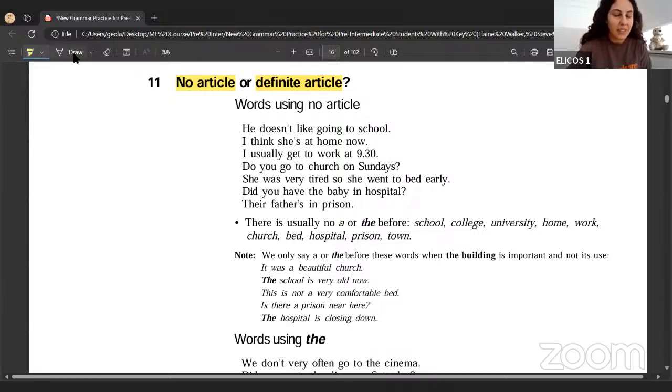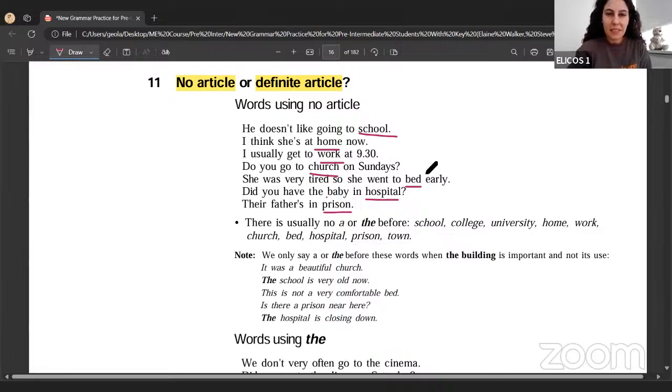Their father's in prison. If you have a look at these nouns, school, home, work, church, bed, prison, and hospital, sorry, we don't ever say the.